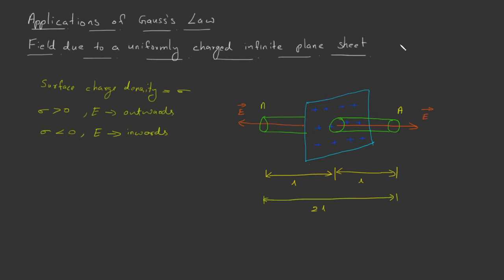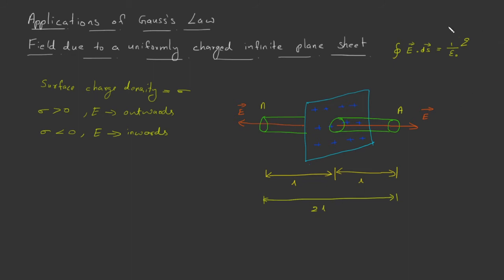We know according to Gauss's law, the electric flux through a closed surface, closed integral E dot ds, is equal to 1 by epsilon 0 times the charge enclosed in that surface.